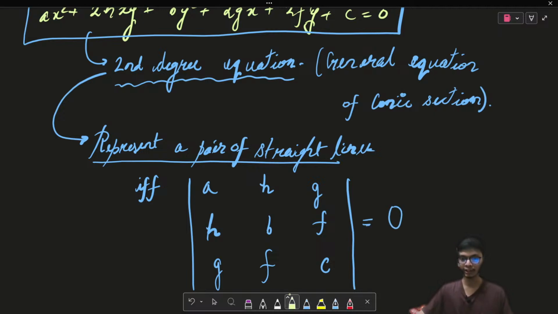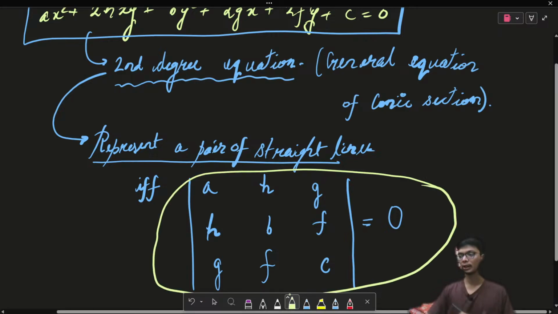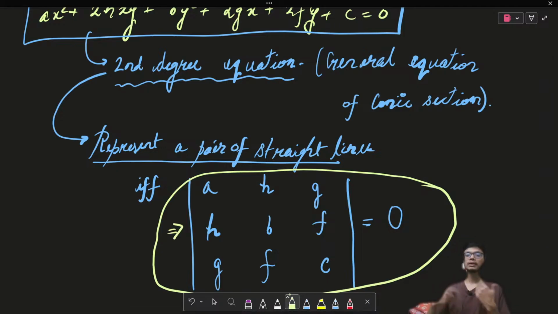So for this general equation of conics to represent a pair of straight lines, this determinant has to be equal to 0. Only then can we say this second degree equation represents a pair of straight lines. I hope this is clear to all of you. This is what we have seen in our last class.